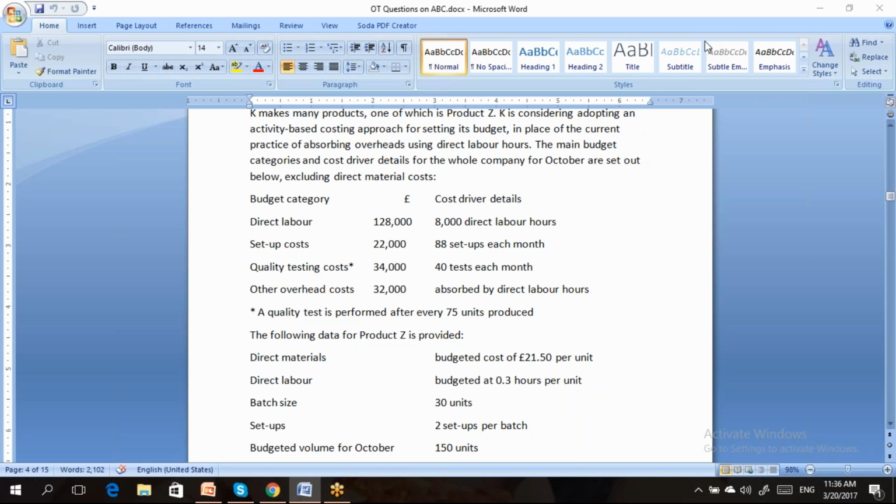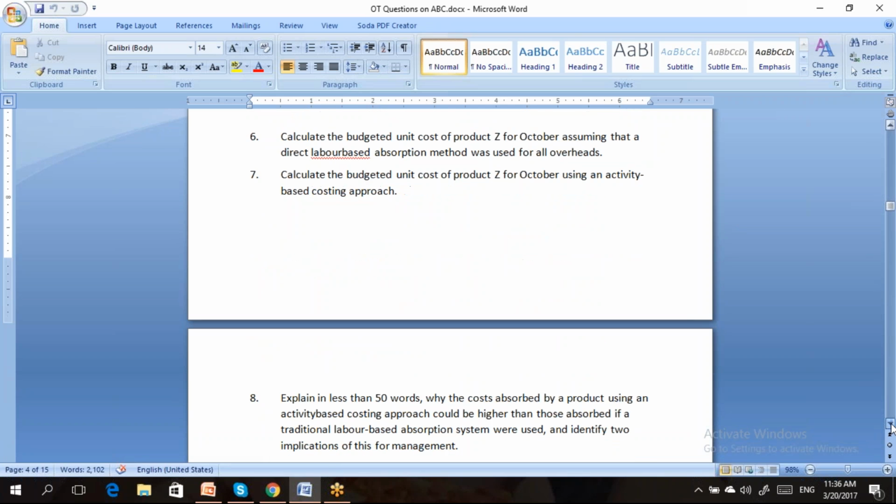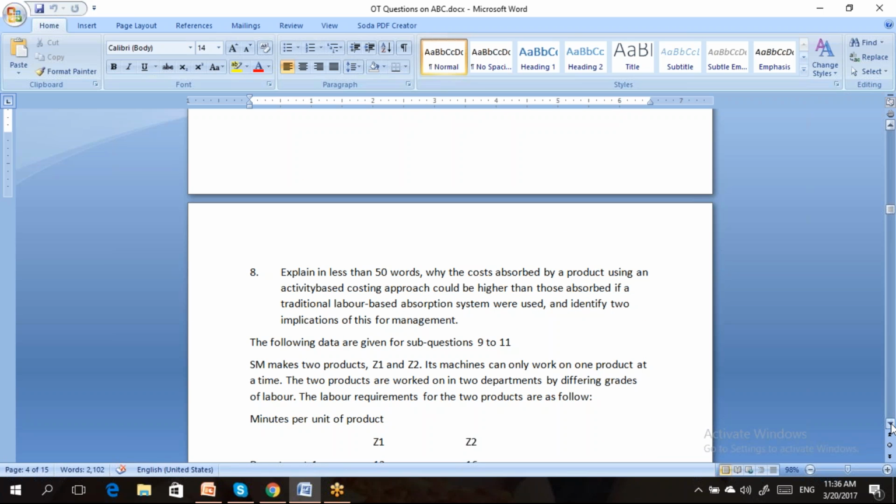The theory part question, very unlikely in the OT paper we will have a theory part question. But the idea of that question was for me to tell you something. Basically, identify two implications of this for the management. Now, that can be a question.